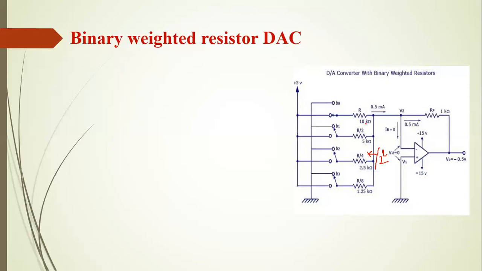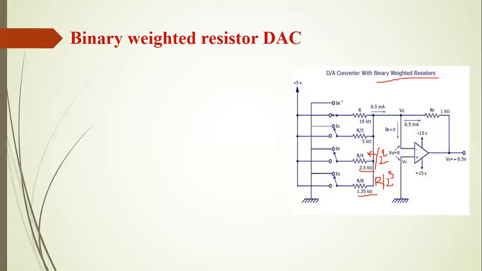So R by 4 is 10 divided by 4, which is 2.5 kilo ohms. Next one is R divided by 2 power 3, which is 8. So R by 8 will give 10 divided by 8, which is 1.25 kilo ohms. Likewise, the resistance value is divided for each bit combination. Hence it is called binary weighted resistors.